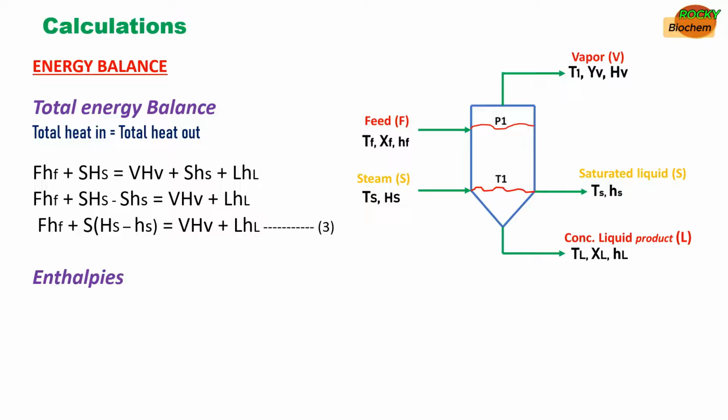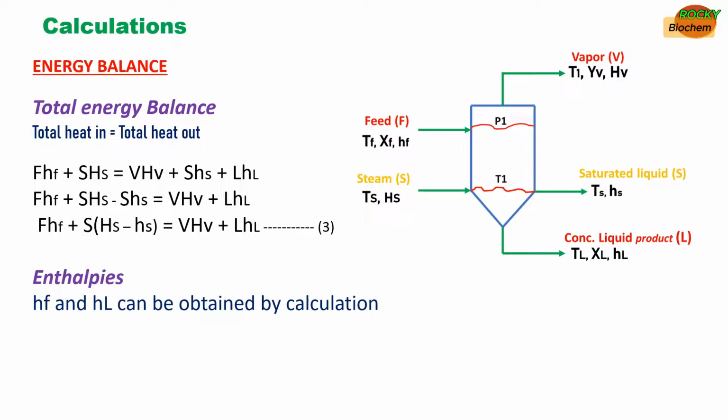So the easiest way to do this is that for the feed and the concentrated liquid product, we have a formula that we use specifically to calculate their enthalpies. But for the steam, the water that is exiting as vapor from the upper chamber, and the saturated liquid, we get their various enthalpy values from the steam table, because literally they are all water.